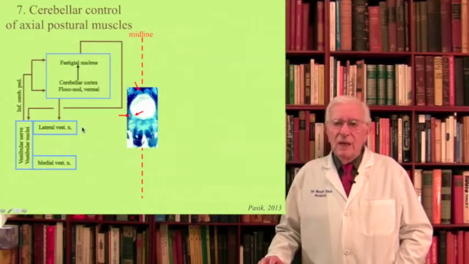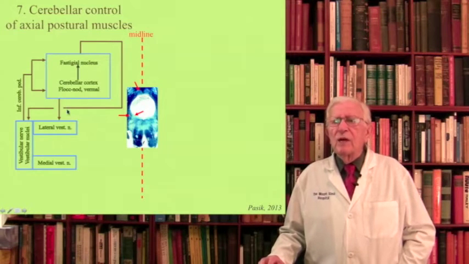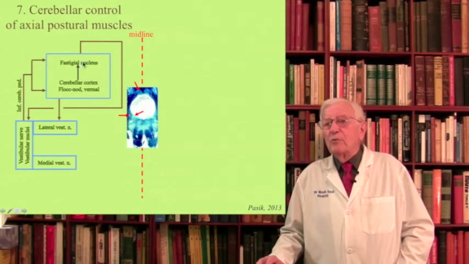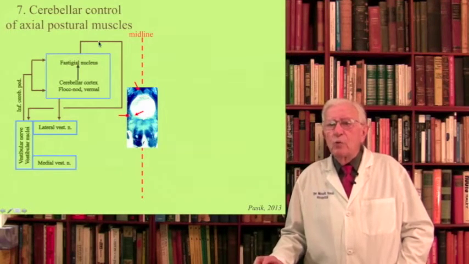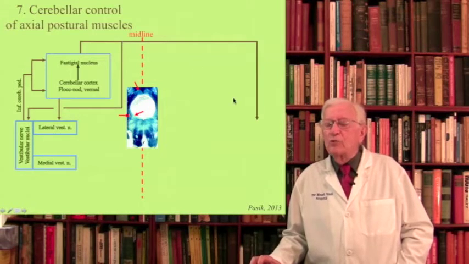So we are talking about outputs of the cerebellum: a direct cerebellar cortex output to the lateral vestibular, and then the output of the fastigial nucleus that goes to all vestibular nuclei, not only of the same side, but also to the contralateral side.